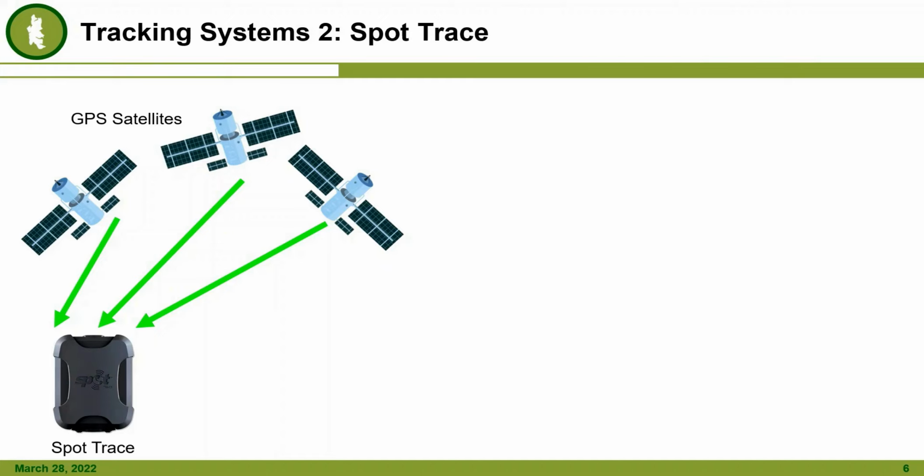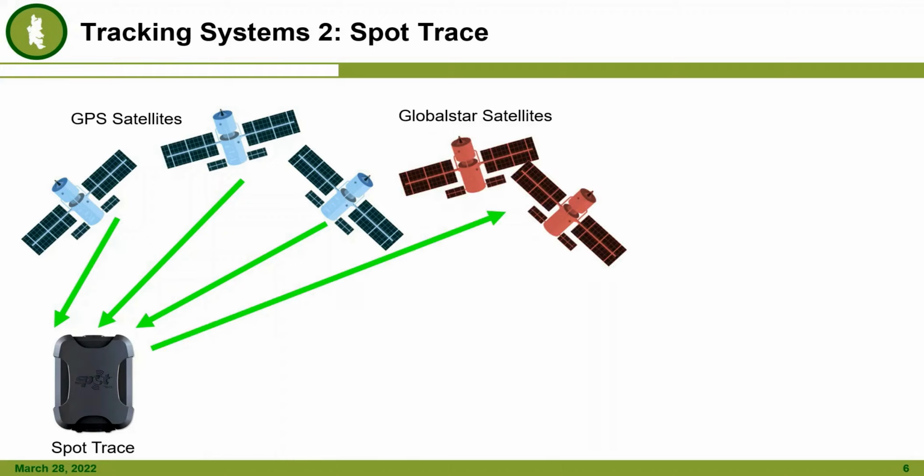So that's great. Now we also need to get that information though off of the Spot Trace unit and back into our hands. So this is where this is a much more robust and better system, because this Spot Trace unit, in addition to talking to GPS satellites, which we're kind of illustrating here in blue, the Spot Trace company basically has a contract, I believe, with Globalstar satellites so that they can talk back and forth between the Spot Trace unit and the Globalstar satellites, which again I'm denoting here in red.